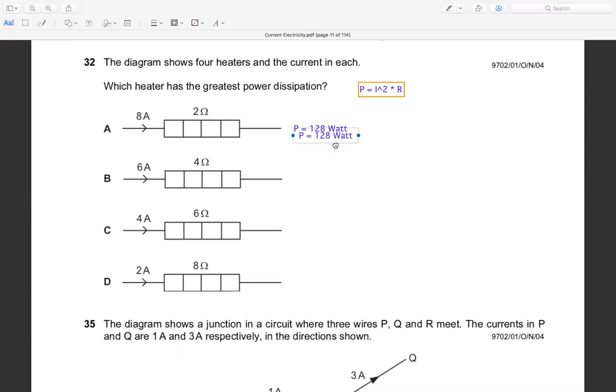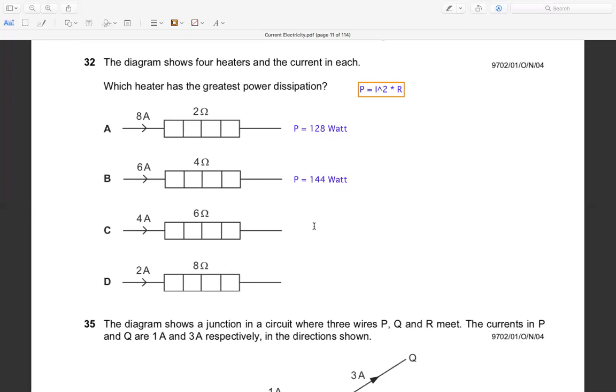Second one, I square, 36 times 4, 144. Here is 144.